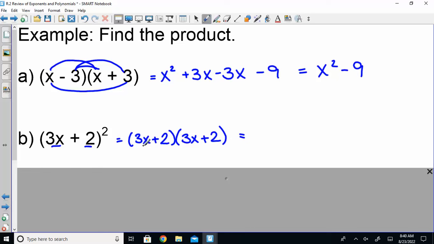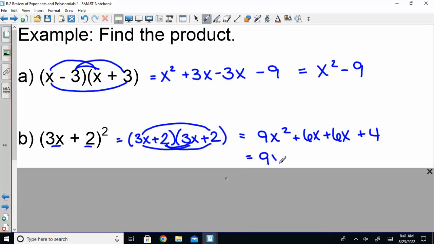So 3x times 3x would be 9x squared. 3x times 2 is 6x. 2 times 3x is 6x. 2 times 2 is 4. Add like terms.